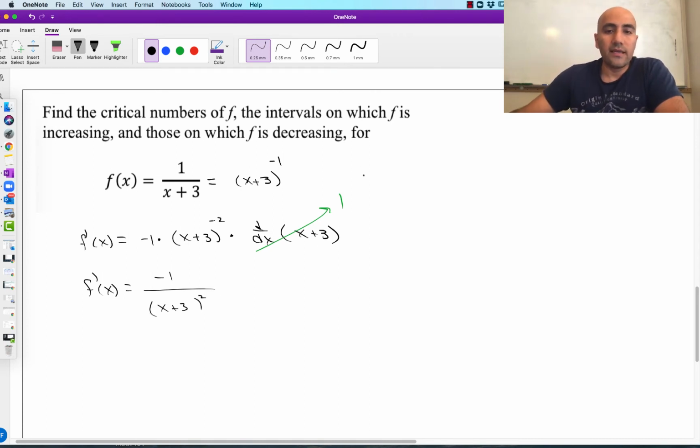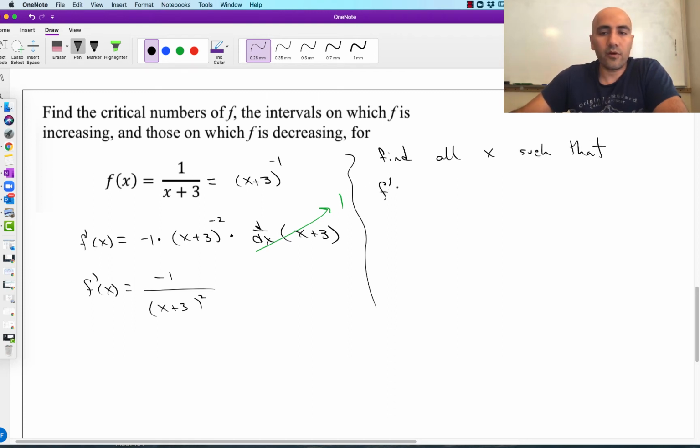That's step 1. Next, we want to find all the values of x such that the derivative equals 0 or is undefined. Similar to the example before, so find all x such that f prime of x equals 0 or f prime of x does not exist. That's what we want to look for. There's going to be no solutions for this one.